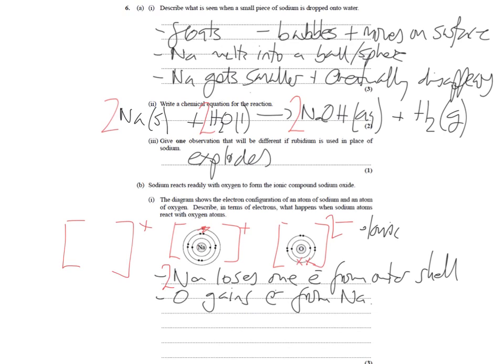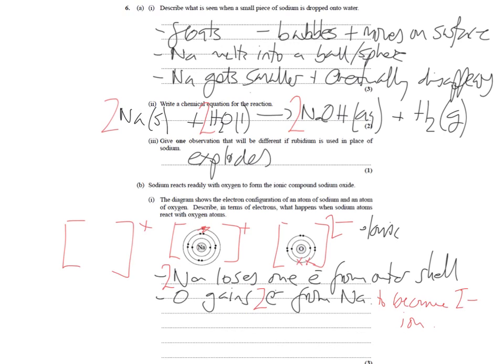So 2 sodiums lose 1 electron from each atom in their outer shell. Oxygen gains, and I'll insert 2 electrons from the sodium, and I'll put here to become a 2- ion.